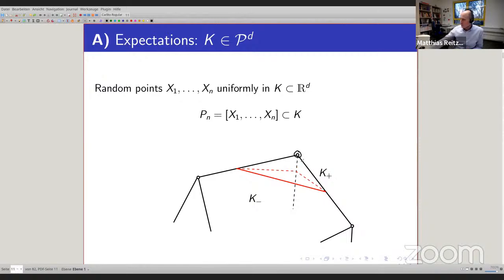But it could look more complicated like this thing. This is a tiny cap, but it cuts off two vertices. And you can imagine in higher dimensions, it's possible to cut off several vertices with a very tiny cap. And you have to take care of all of these strange possibilities to have a tiny cap which cuts off several vertices. This makes things for the polytopal case much more complicated.